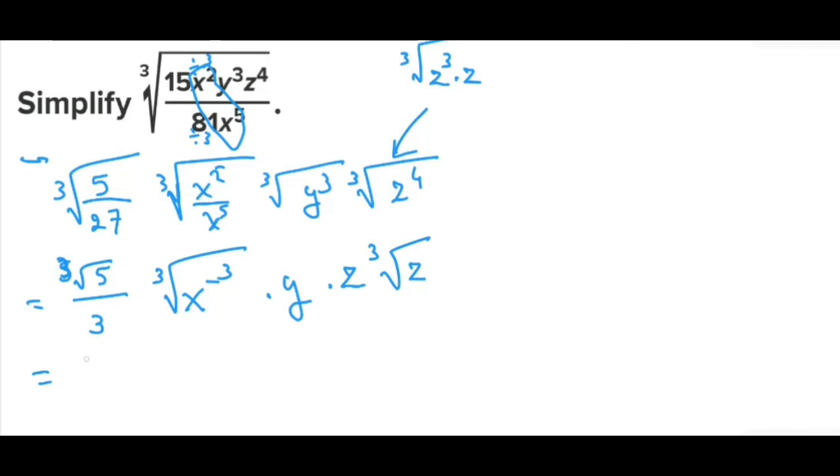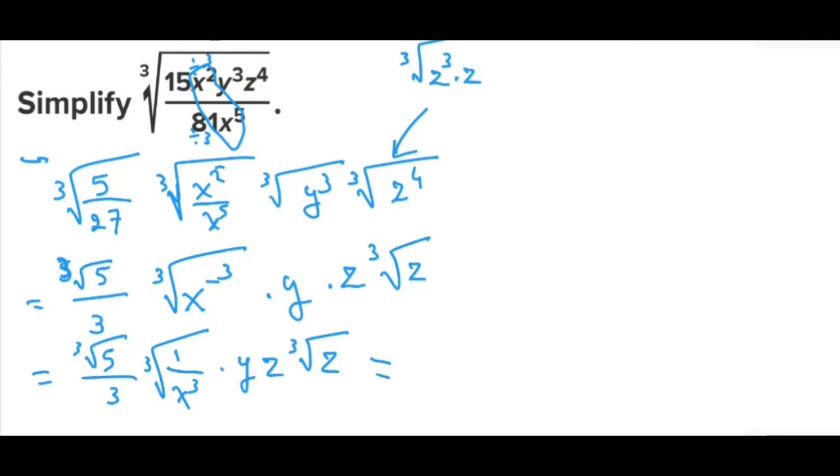Now let's simplify more. So this will be cubic root of 5 over 3, and cubic root of x power negative 3 will be 1 over x power 3 under the cubic root. And this is y z cubic root z. Okay, it's unorganized. And we still have a cubic root of 1 over x power 3.